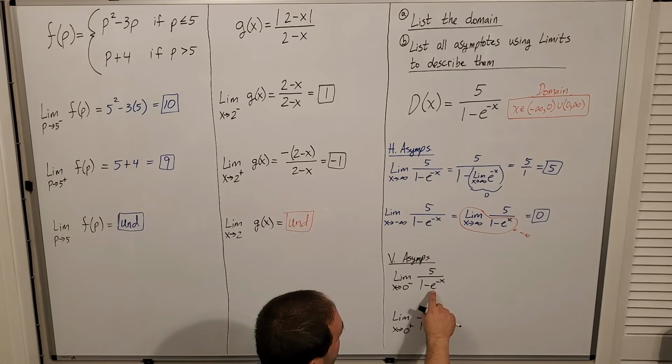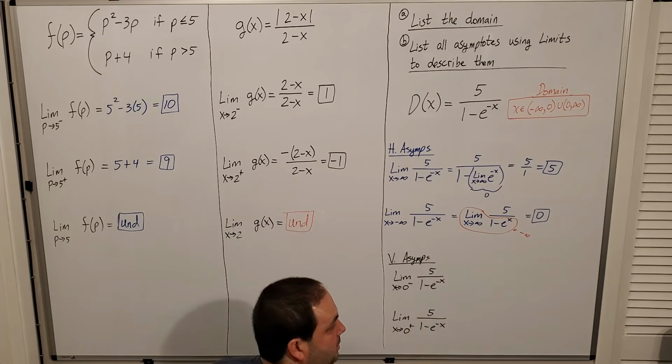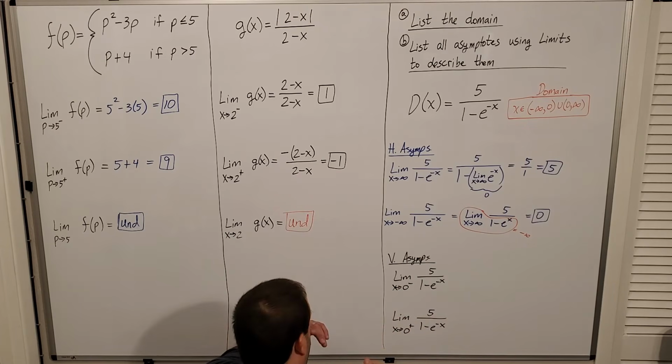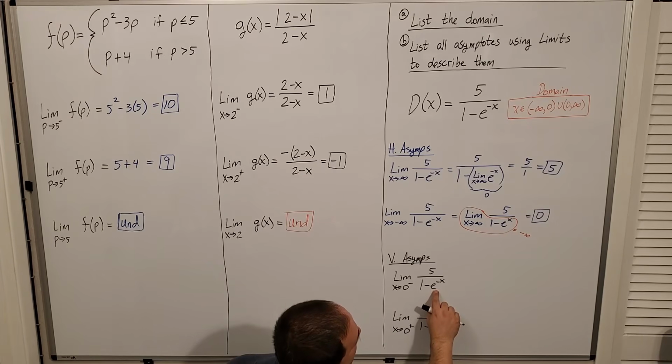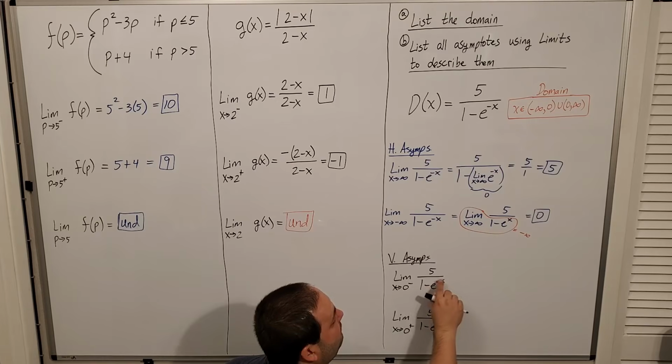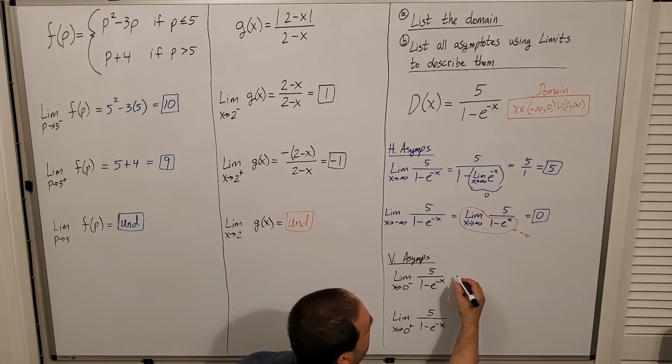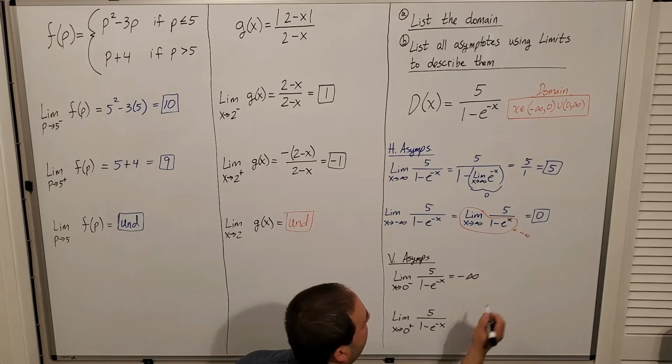Okay? And this thing is going to try to approach 1 minus 1. It's like a division by 0. Okay? But what's happening is this piece right here is going to be slightly larger than 1. So I'm going to get a very, very small negative number in my denominator here, which means that this eventually is going to go to negative infinity.